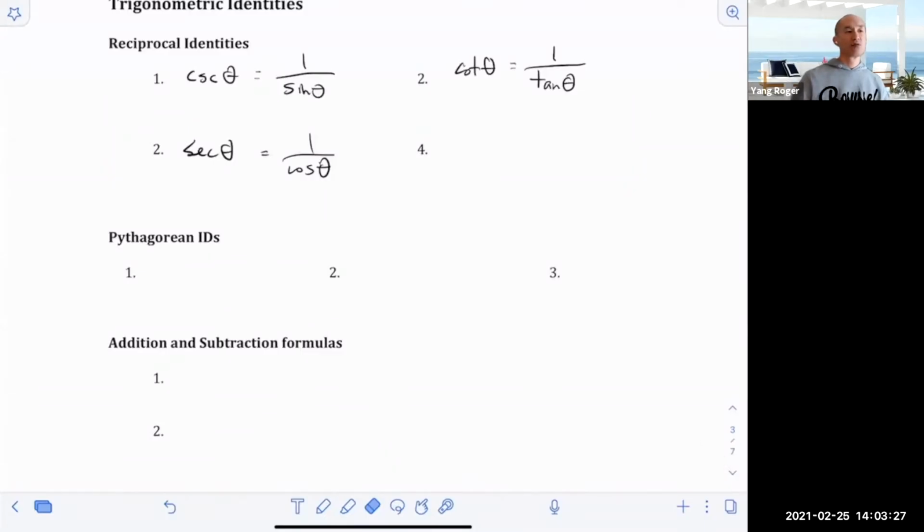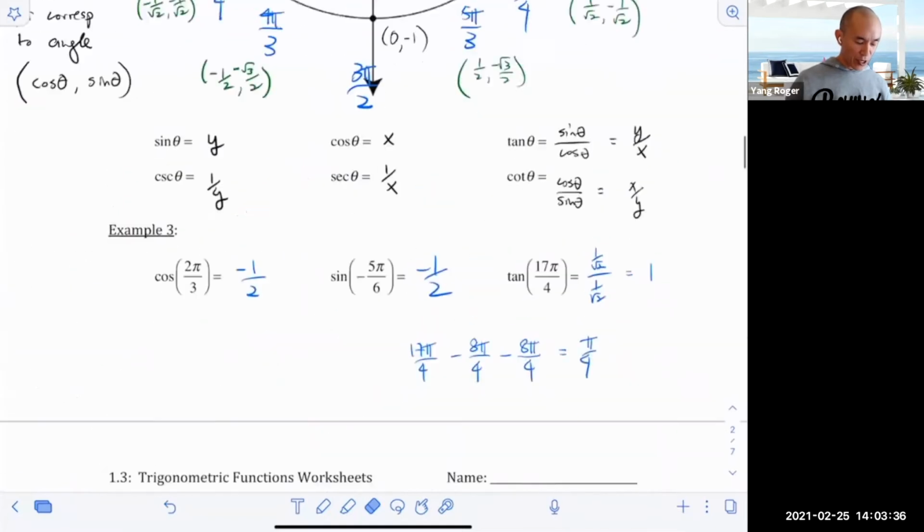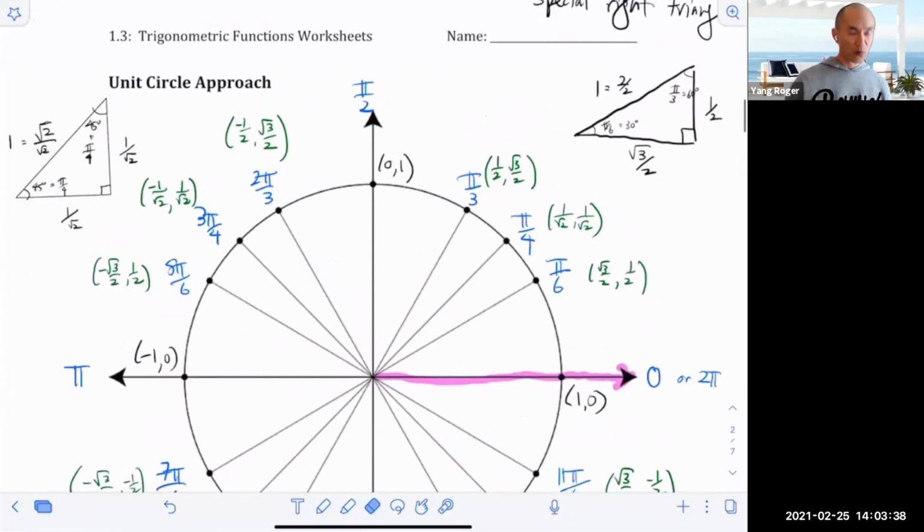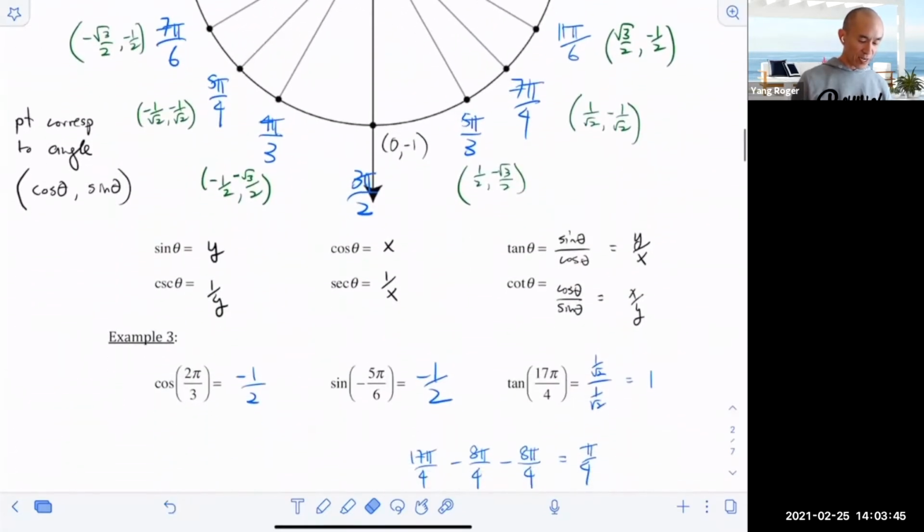So let's continue talking about this trig stuff here. In an ideal scenario, you would know these trig values super well, and you wouldn't have to reproduce the unit circle every time.